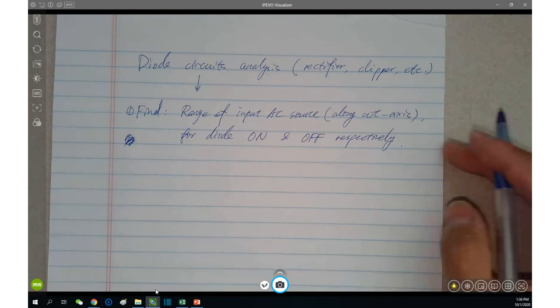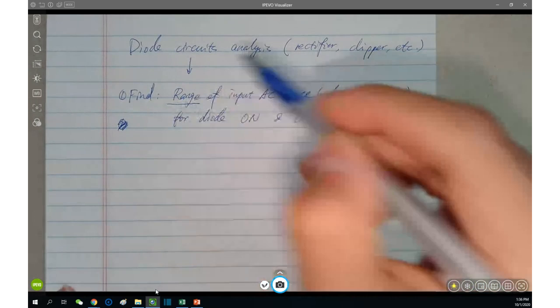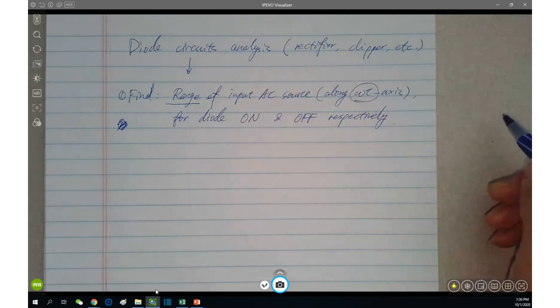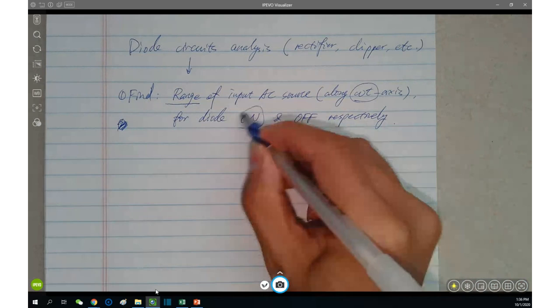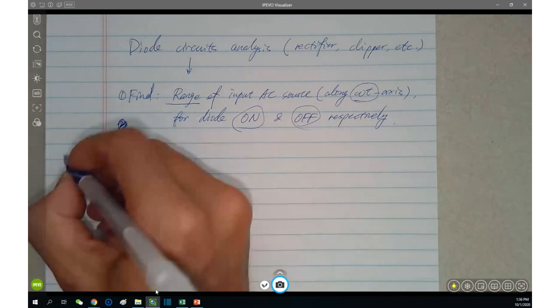What I mean is, no matter what, you need to find the range, or say time window, or say omega t position window, for the diode to be on and off.